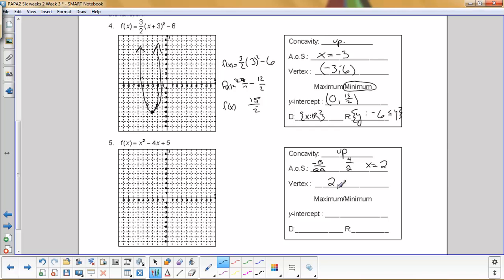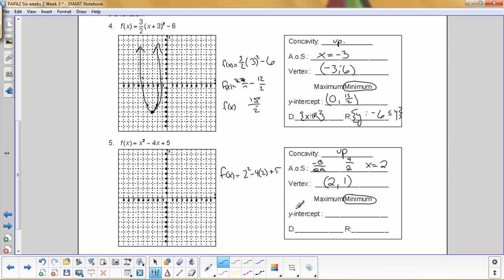And now in order to find the y value, we simply plug in 2 for all of the x's. So it's f of x equals 2 squared minus 4 times 2 plus 5. That's 4 minus 8, which is -4, plus 5, which is 1. So the y value at the vertex is 1. It is still a minimum because the a is positive.